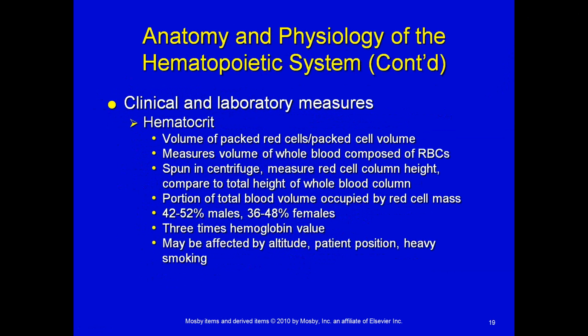The hematocrit normally is somewhere between 42 and 52% in males and 36 and 48% in females.